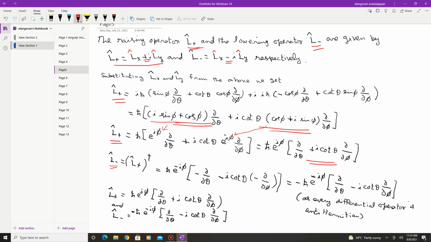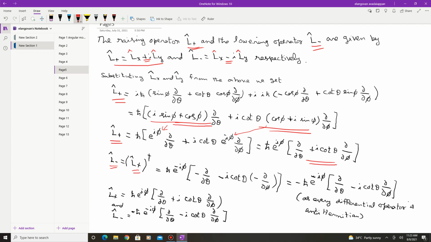Now similarly, you must know the lowering operator L minus also. L minus can be determined just by taking the Hermitian conjugate of this one. You take the L plus operator, and if you find the Hermitian conjugate, then you can find this expression.